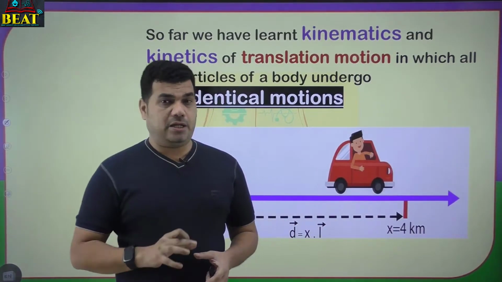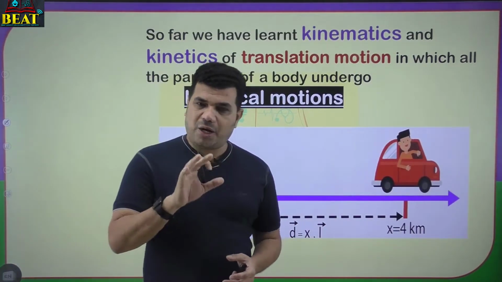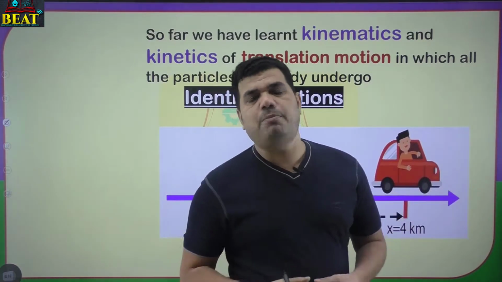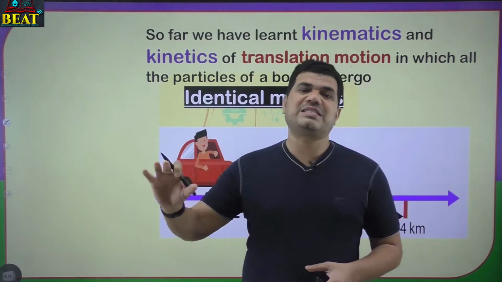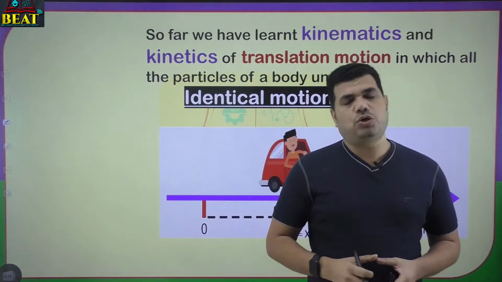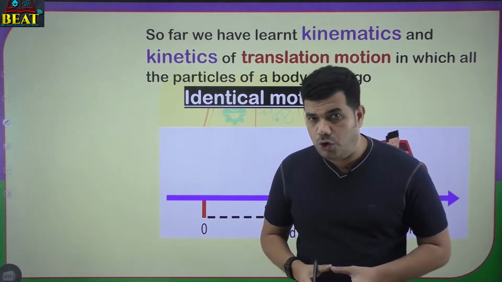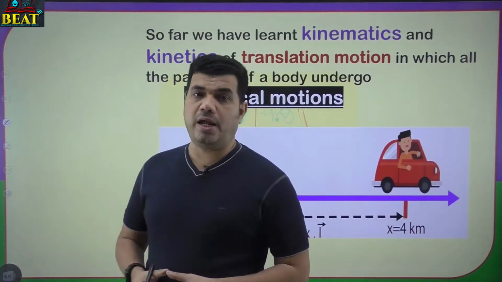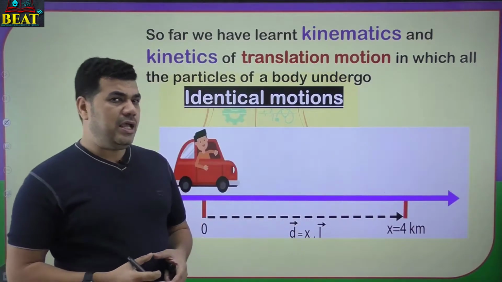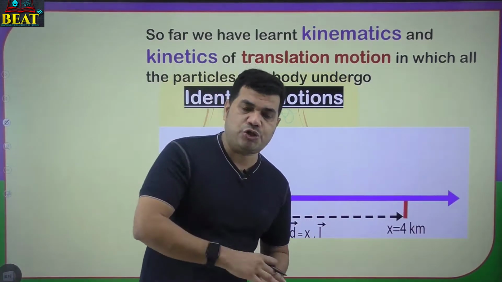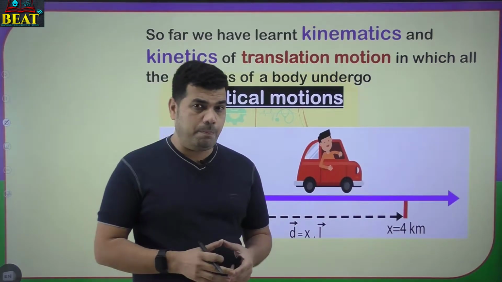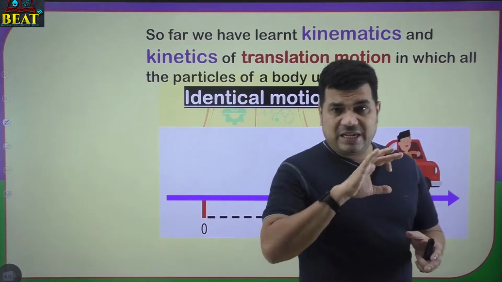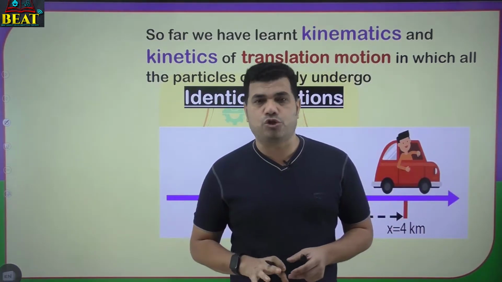Means all the particles of that body, including the center of mass, are moving in the same, identical path, right? So you can say the motion of the body is governed by the motion of the center of mass.